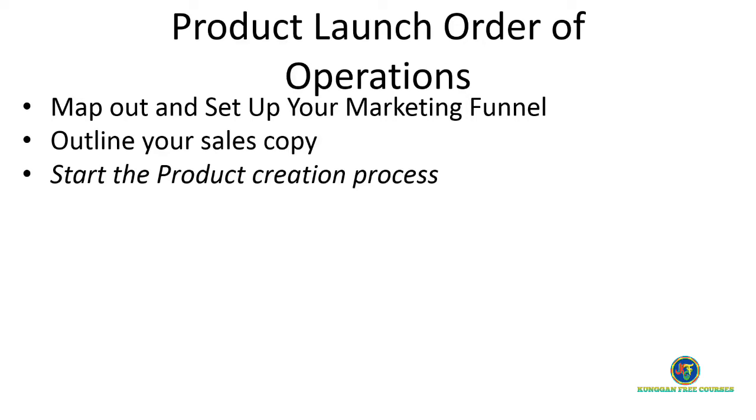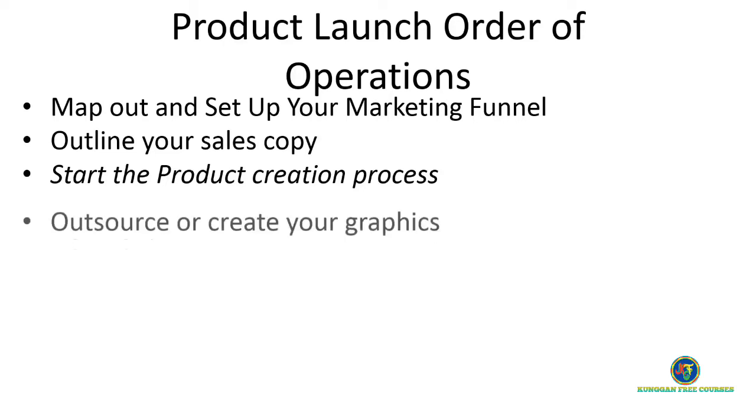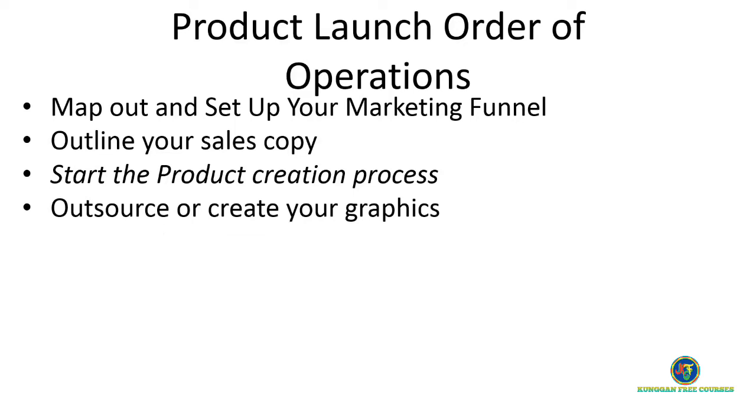Once you've done that, you can then start the product creation process, right? You can start putting your videos, your audios, your PDFs, anything else together. You should then start outsourcing or creating your graphics. This part will be easy for you if you have already outlined your sales copy. What happens to people often, and I've seen this, and it's actually happened to me too, is you finish the entire product, you then have to start writing sales copy and outsourcing graphics.